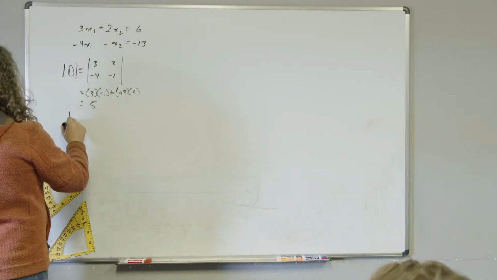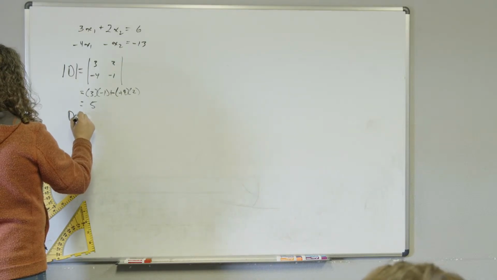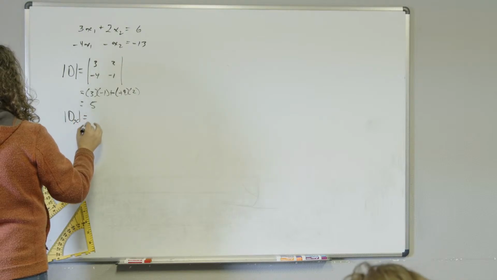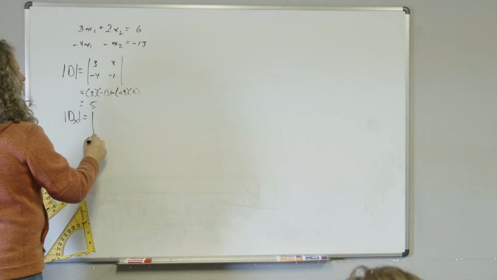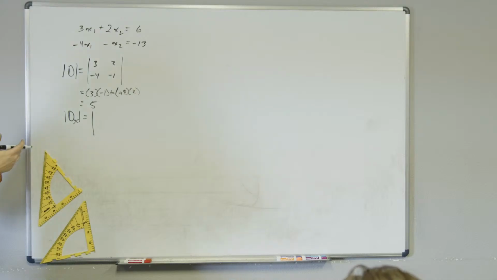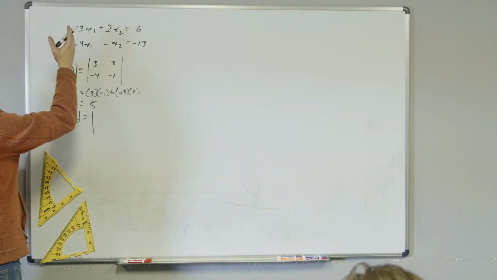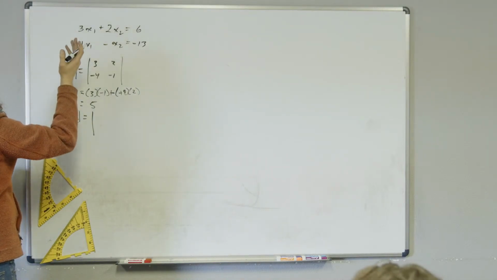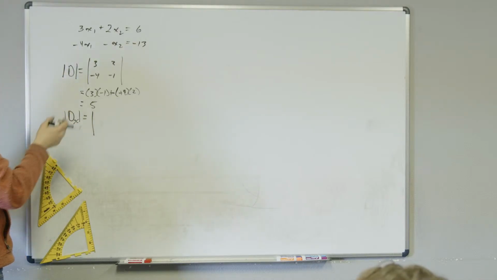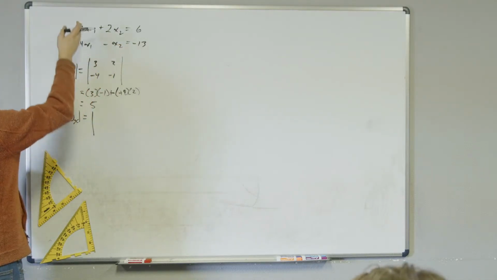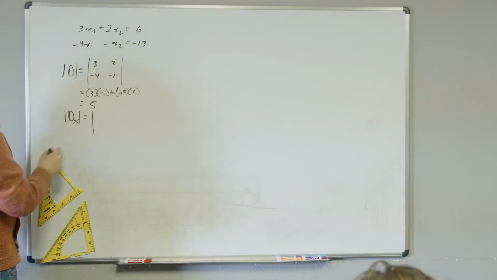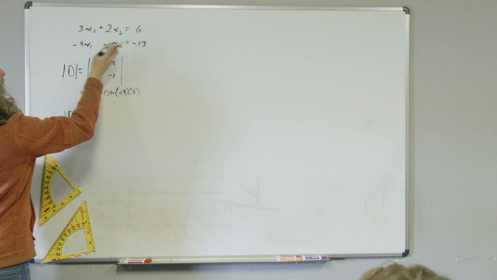For D sub x, what you do is find the determinant of the same matrix, but instead of x's and y's, these are x sub 1s and x sub 2s. So for the x sub 1s, you swap out the answers.